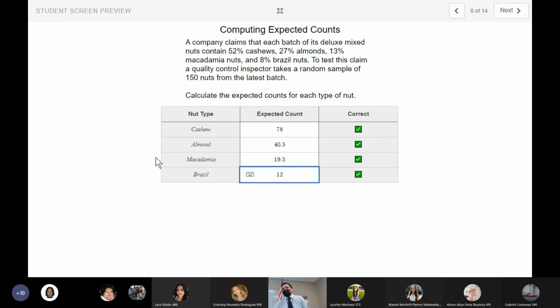Again, this is self-checking, so that's kind of nice. You can see your instant feedback. All right. And again, each of these was found by saying 150 times 0.52, 150 times 0.27, 150 times 0.13, 150 times 0.08. Make sure your decimal is in the right place when you're converting percentages to decimals.